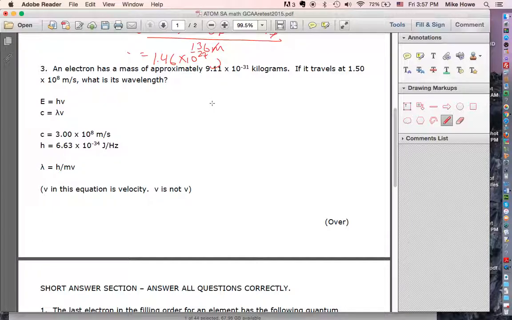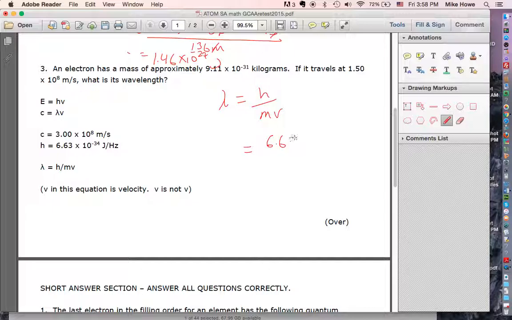Okay, so this one is your wavelength of a piece of matter. So you remember this equation we derived, and we used it to find the wavelength of a duck, which we found was not significant. But the wavelength of an electron is.